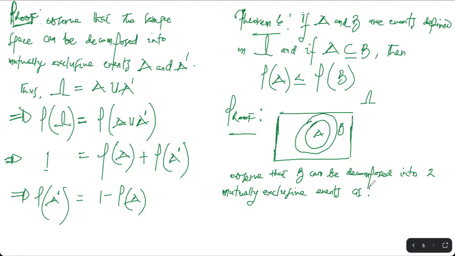So think about it. We can say that B is equal to A union B intersection A prime.